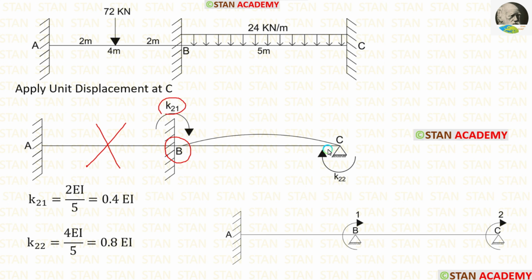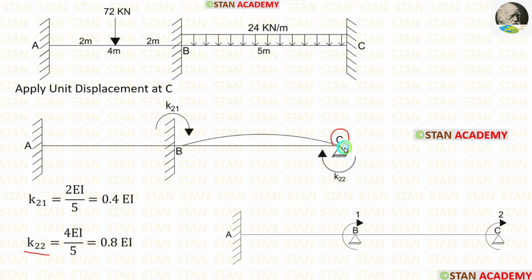Now, let us look on the right side. On the right side, there is a hinged support. If the far end is hinged, the formula for stiffness is 2EI upon L. Length of BC is 5. Let us apply that. Finally, for K21, we are getting 0.4 EI. Now, let us calculate K22.